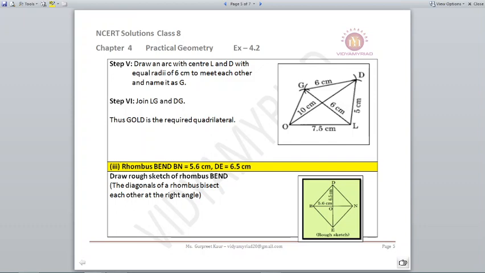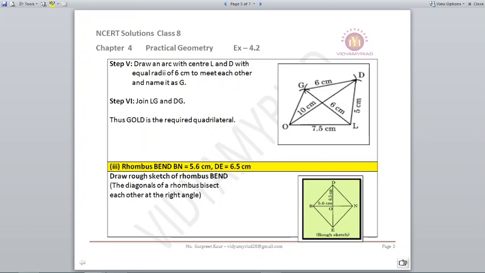Okay. Next is given rhombus BEND, and in that you are given BN and you are given DE as diagonals. Okay, only diagonals are given. So let us see how we do it. Now here, as per the rule of a rhombus, we know that diagonals of a rhombus bisect each other at right angle. So we can't just simply draw straight lines.